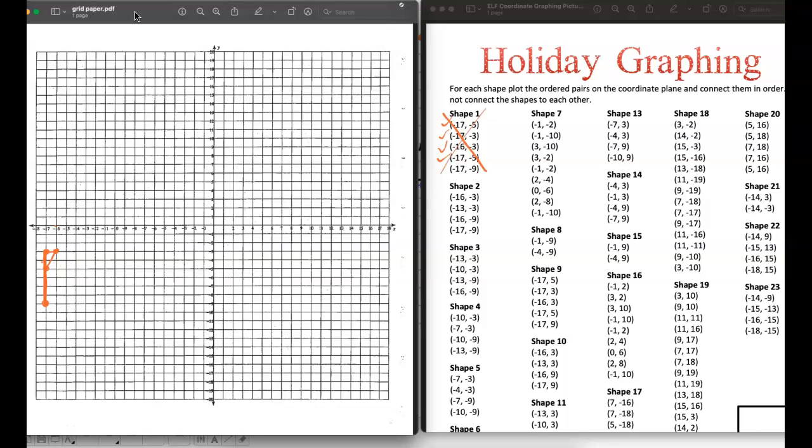I'm going to cross that off so I know I'm done with shape 1. On to shape 2. -16, -3. I already have a dot there, but I'll put another one. Then it says -13, -3. Connect it to the last point.